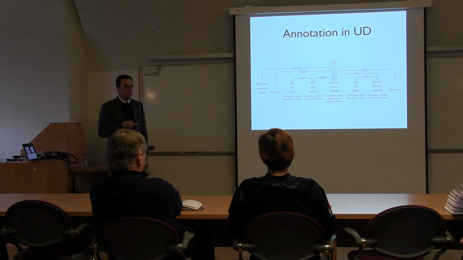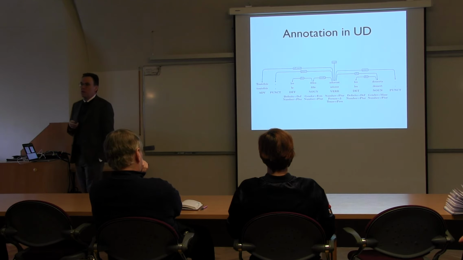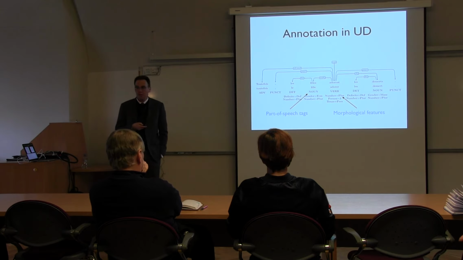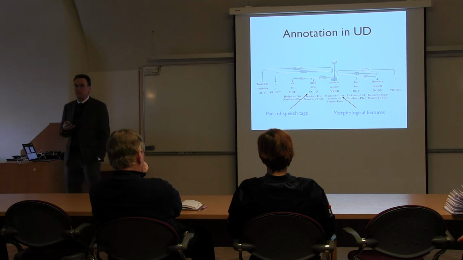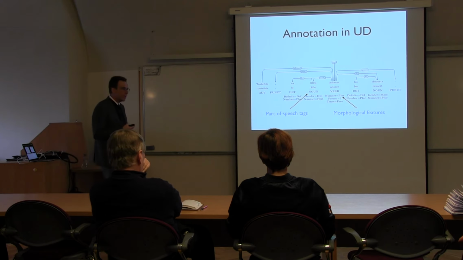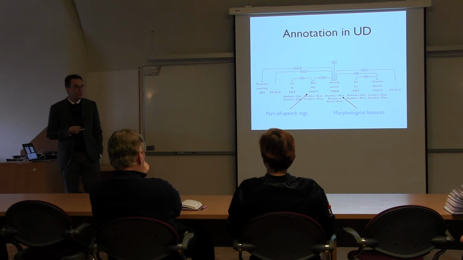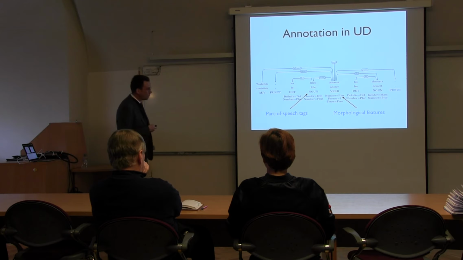Now, the actual annotation, I'm not going to go into a lot of detail here because that's not the main point of this talk, but the annotation essentially consists of three main components. There is a set of part of speech tags, which is based on what used to be called the Google Universal Part of Speech tags. There is a system of morphological features that allow you to give a more fine-grained analysis of words, especially for morphologically rich languages. That is, again, loosely based on Dan's and other people's work with the Interset system.